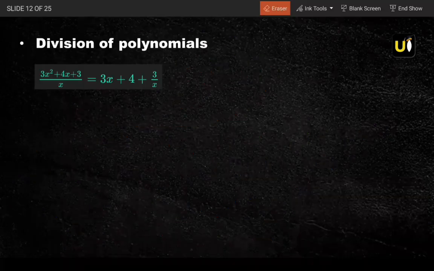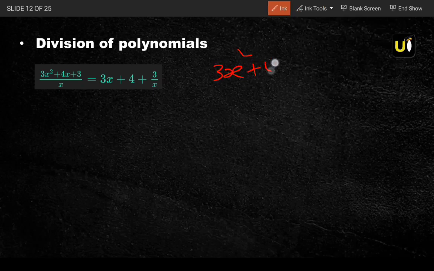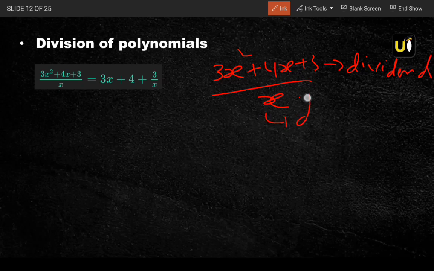Now let's discuss the division of polynomials. Here we are given two polynomials, 3x square plus 4x plus 3, and the other one is x. Here 3x square plus 4x plus 3 is the dividend and x is the divisor. The one on which we perform the division is the dividend, and the term with which we are dividing is the divisor.